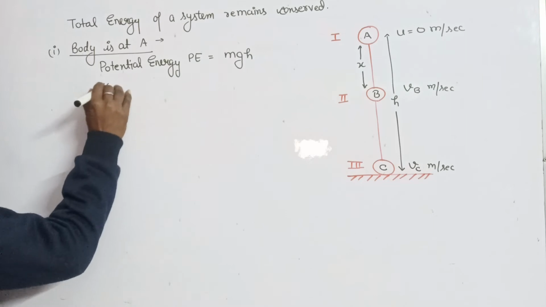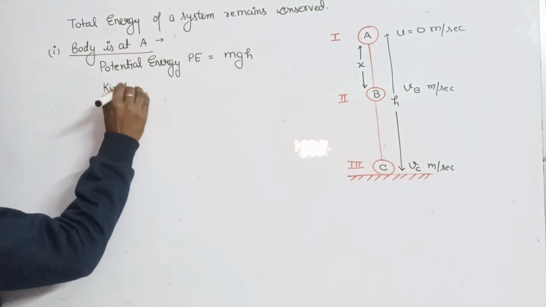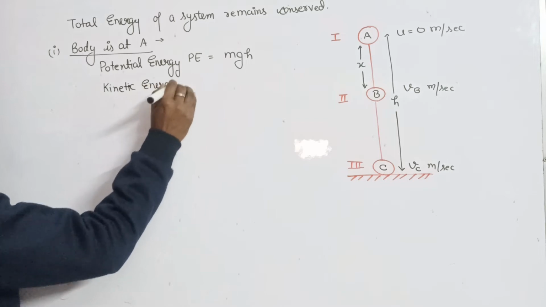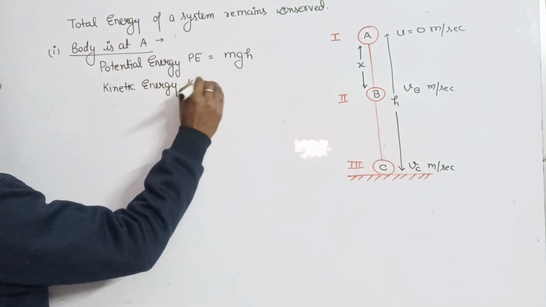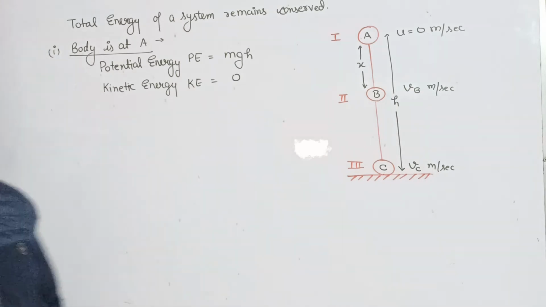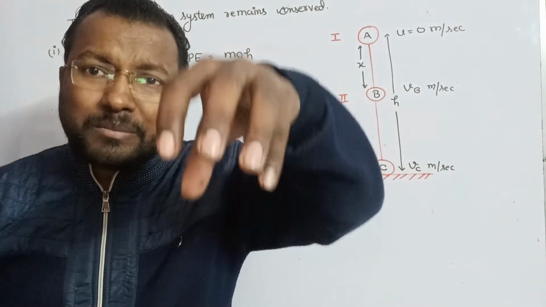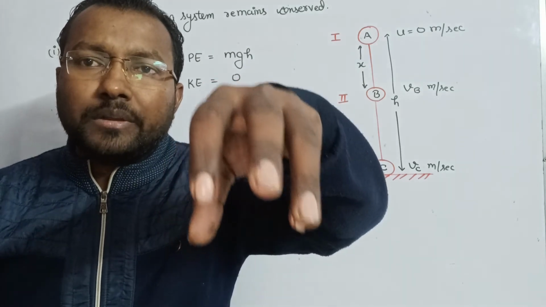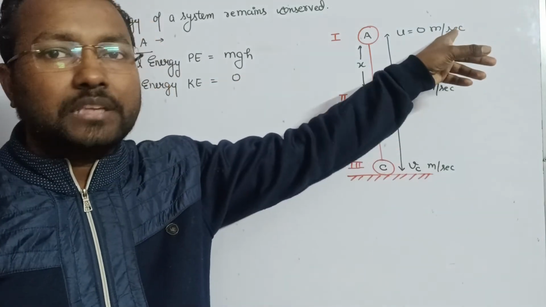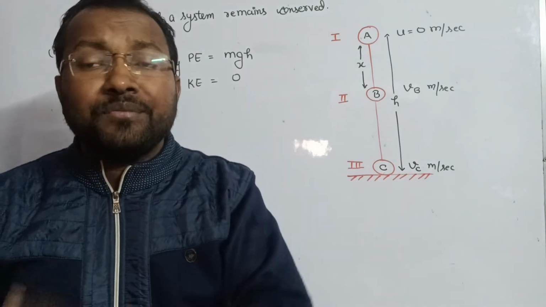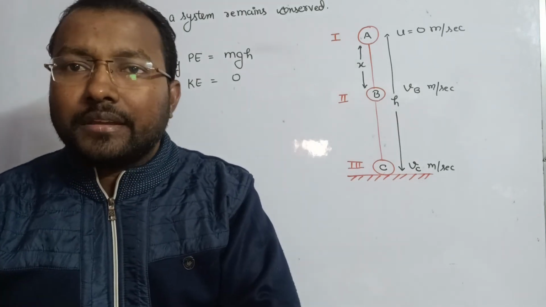And the kinetic energy here, KE, will be 0. Why is this going to be 0? Because the body is just being released from point A, and when the body is just going to be released, the initial velocity of the body is 0, and if the body does not have any velocity, then we say that it does not possess kinetic energy.